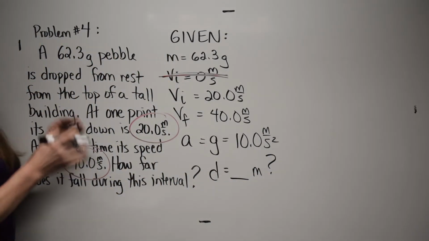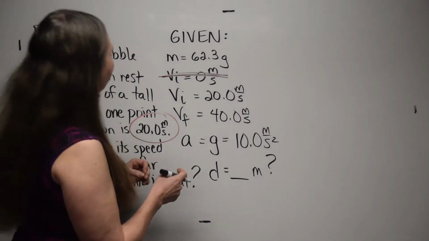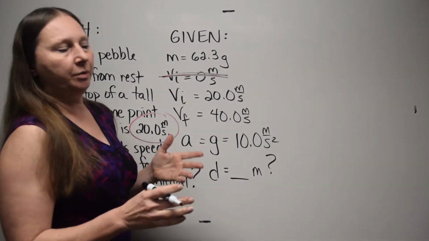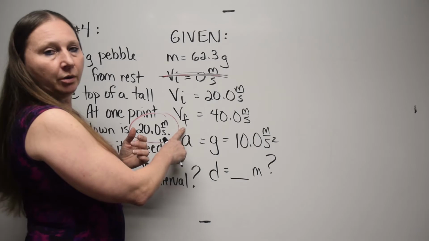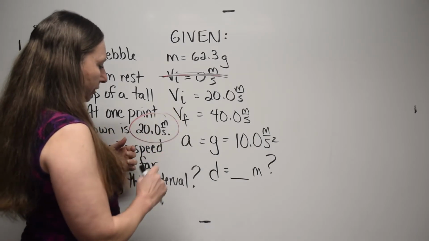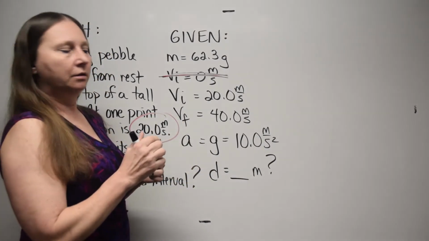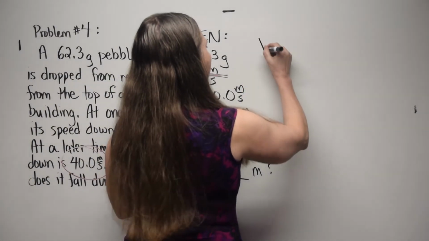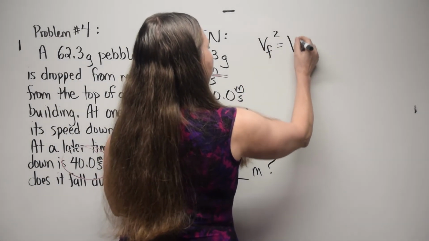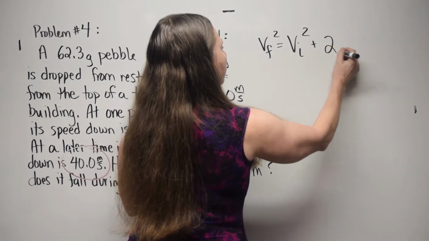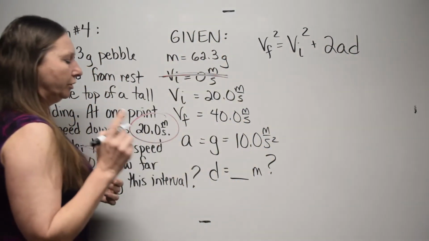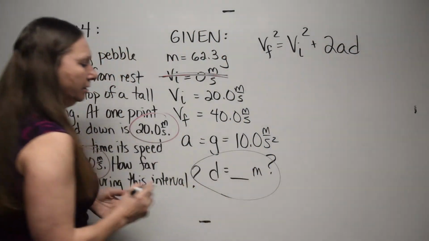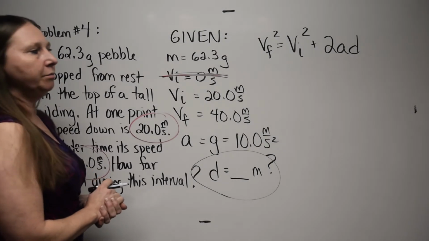Now, picking an equation. There's an equation on the mechanics page: V final squared equals V initial squared plus 2AD. So copy that equation. We're trying to find the distance, so we've got to get that D by itself.